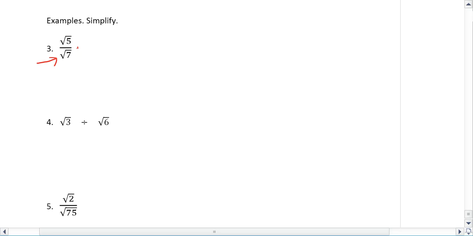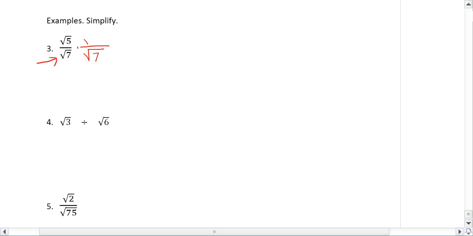If I want to get rid of this square root sign in the denominator, I could make this a perfect square. And I'm noticing that I have 7. So if you multiplied the square root 7 times itself, you would have the square root of 49, and that's a perfect square. So that's the hint.